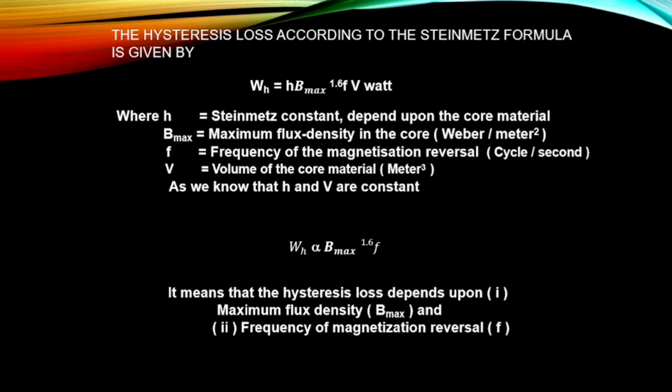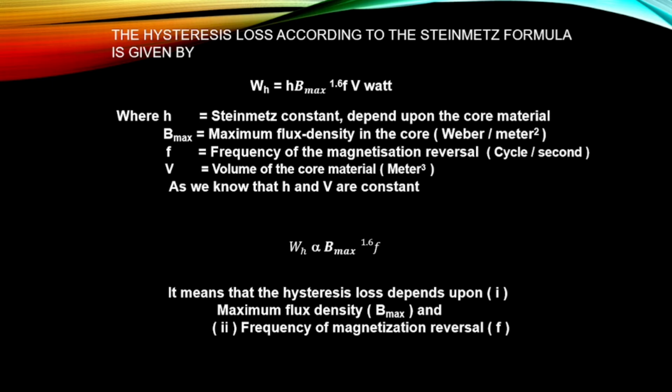The hysteresis losses according to Steinmetz formula is given by WH equal to eta B max to the power 1.6 F V watts, where eta is Steinmetz's constant, depends upon the core material. B max is the maximum flux density in the core, Webers per meter square. F is the frequency of the magnetization reversal, cycles per second.